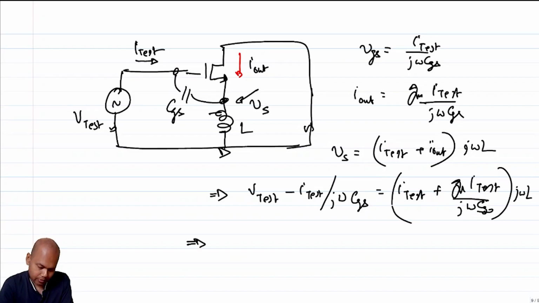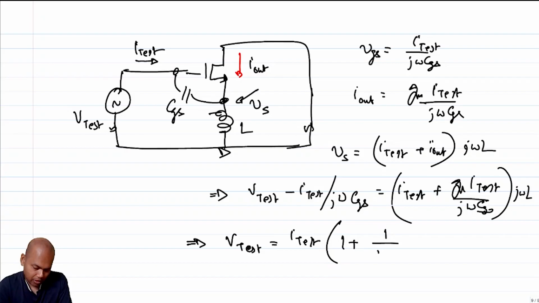So if I put all the terms together, your V test becomes I test times, sorry, it's not 1 plus, right? j omega L plus 1 by j omega CGS.